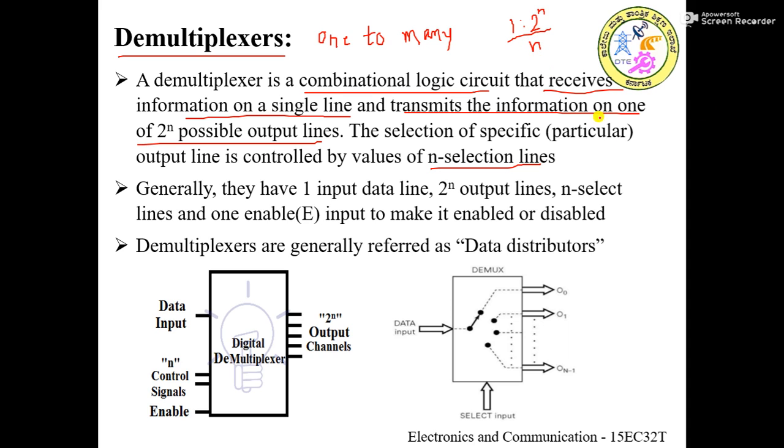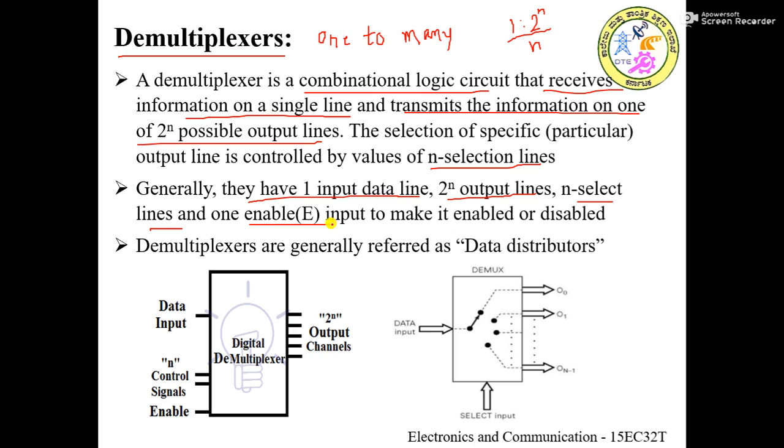With different values of n, I can have different variants. We will see it in the next slide. Generally, they have one input line, 2 to the power of n output lines and n number of select lines. And like multiplexers, here also there is an additional enable pin, which is used to either enable or disable the logic system, and it may be an active high enable pin or an active low enable pin.